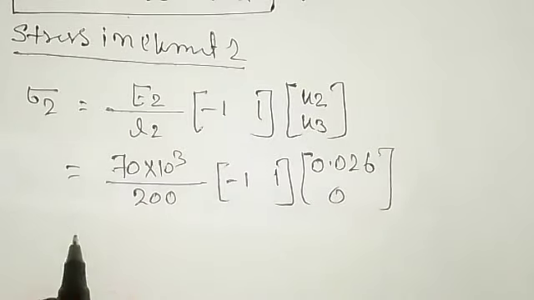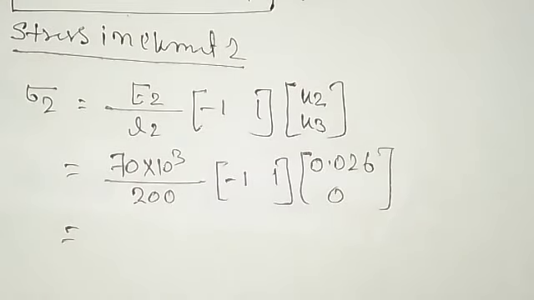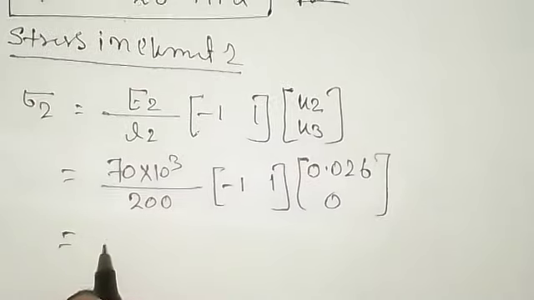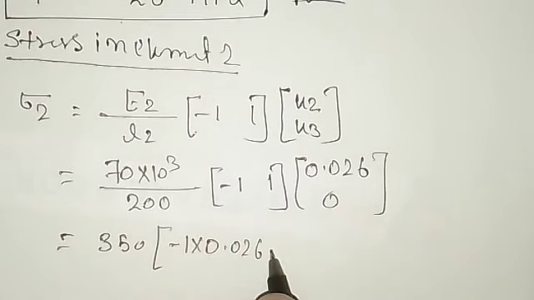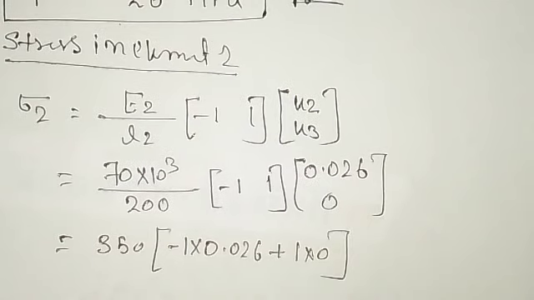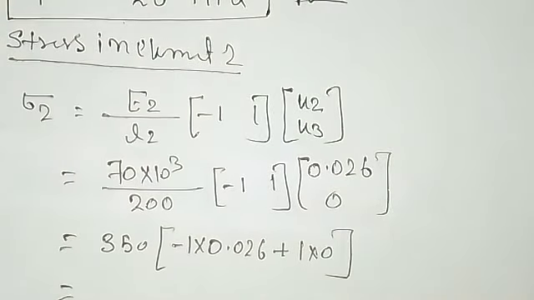Similarly you can find the value: 70 into 1000 by 200 is 350, and this is minus 1 into 0.026 plus 1 into 0, right? So this is 0.026 into 350.